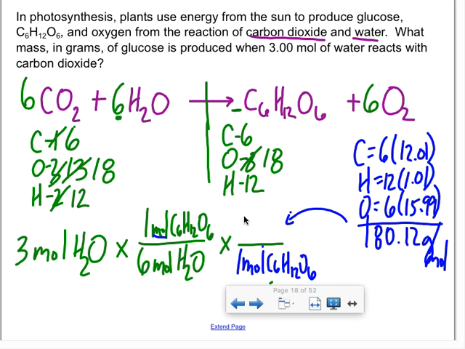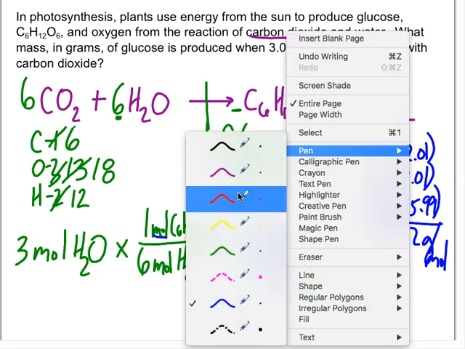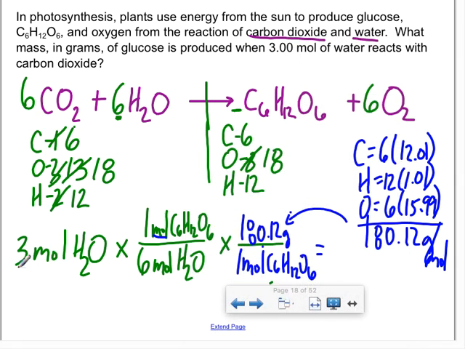And my molar mass goes on top. So now I'm just going to go 3 times 1 divided by 6 times 180.12 divided by 1, and I should get my answer in grams of glucose.